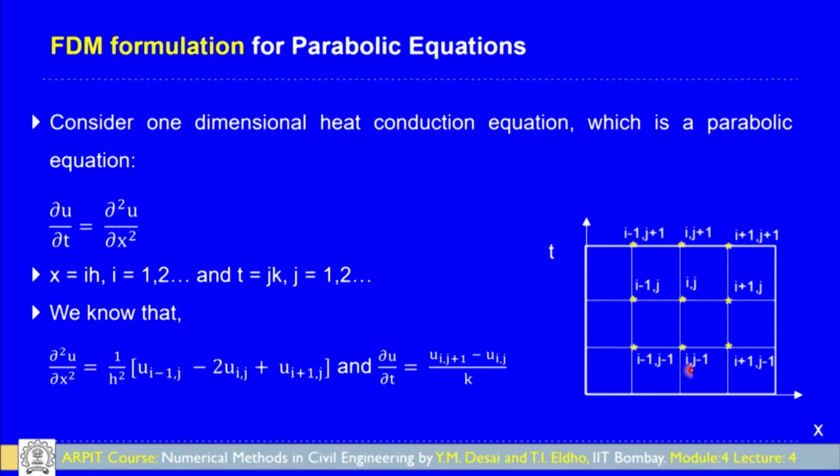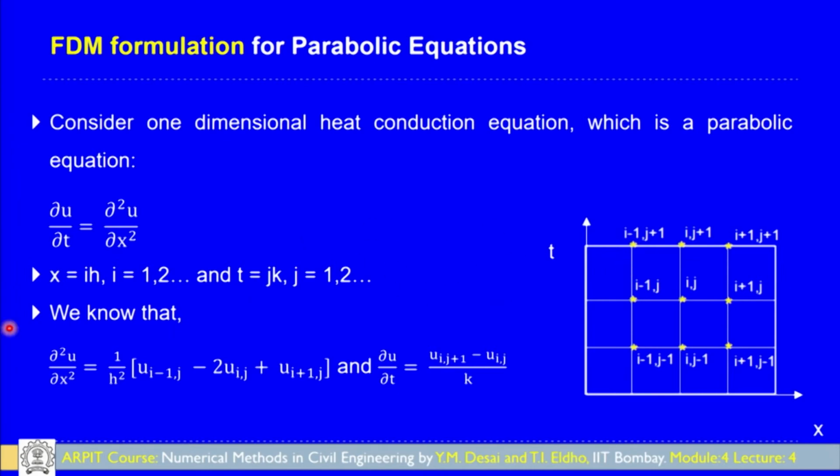We discretize in the x direction, space x, with i equal to 1, 2, etc., and time is discretized as t equal to jk, so k, 2k, 3k like that. We can use the standard finite difference technique.